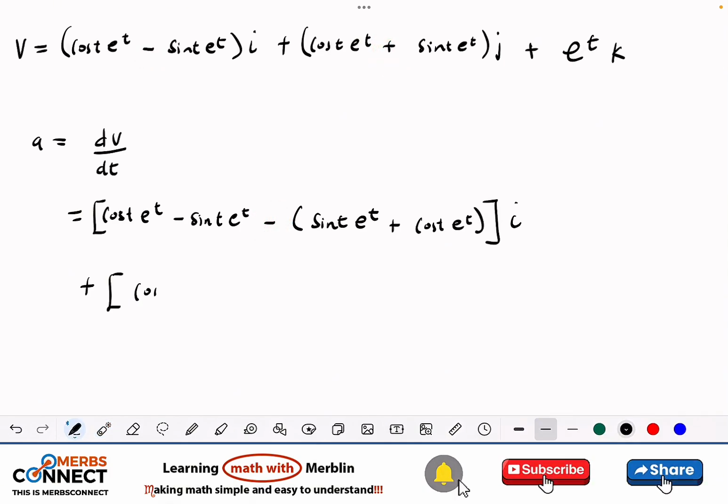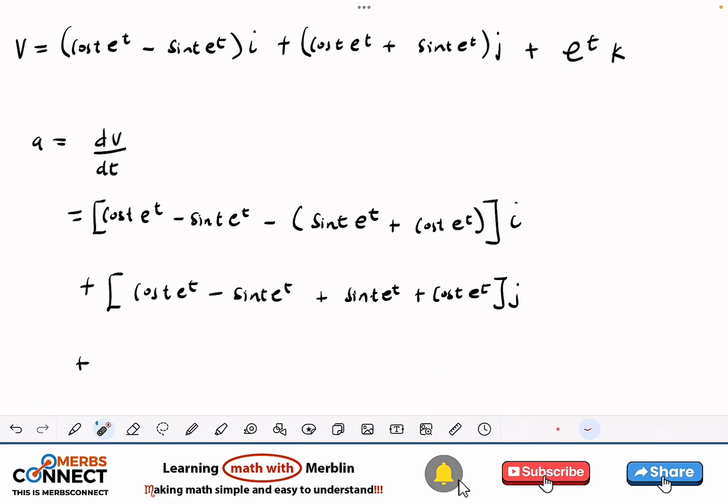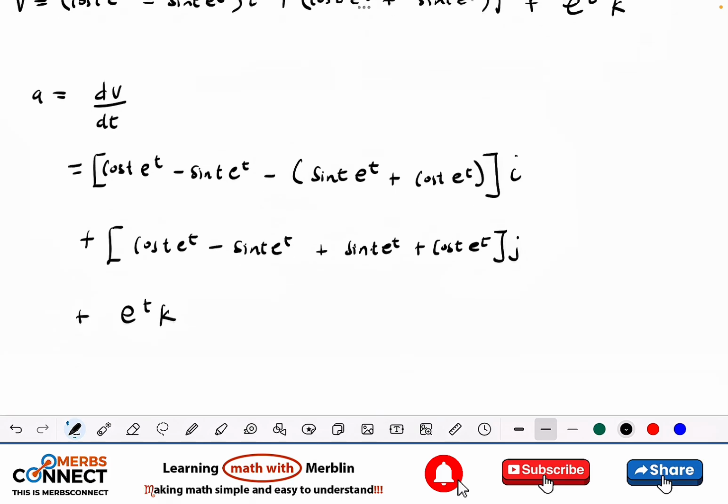I'm going to have cos t e^t minus sine t e^t plus, because this is plus. So now I'm differentiating this, and I'm going to have sine t e^t plus cos t e^t, and this is the j direction. And then plus, when I differentiate the last term, I get the same thing again.